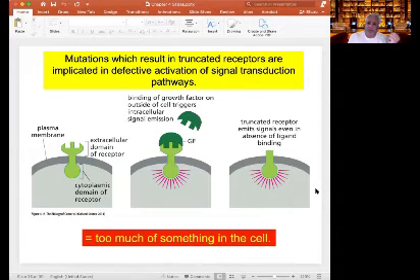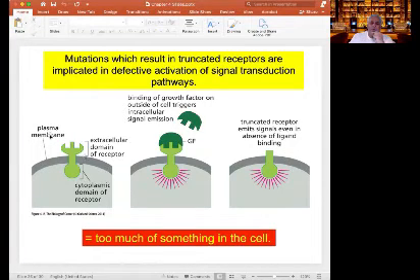If those signals are amplified or they are turned on accidentally when they shouldn't be, then the cell knows no different, and it just does what it's supposed to do, which is to enter its cell division cycle. And that's one of the telltale signs or hallmarks of cancer, uncontrolled cell division.